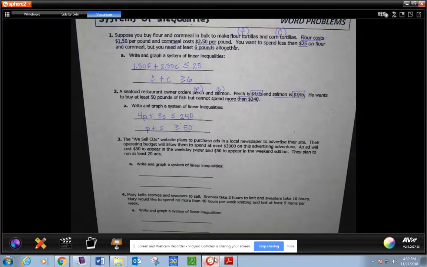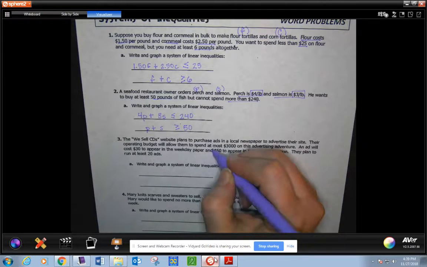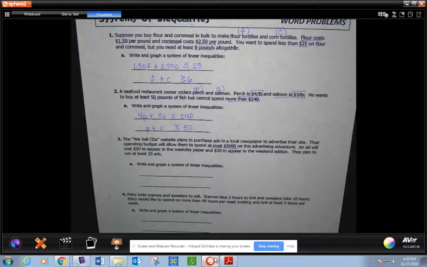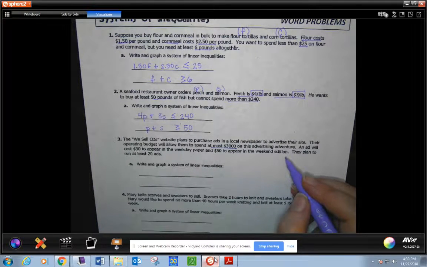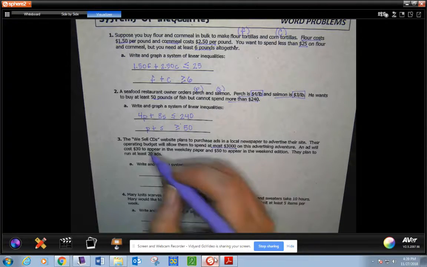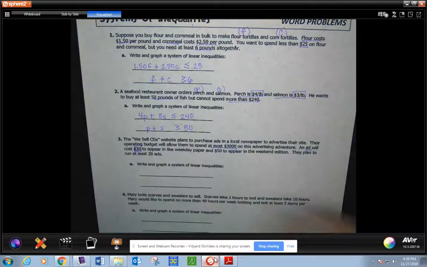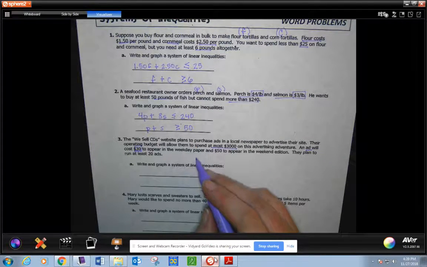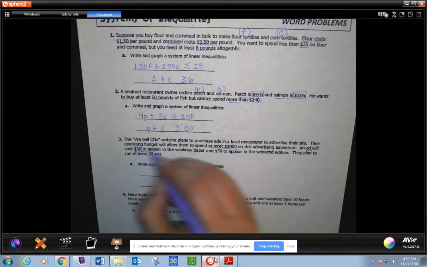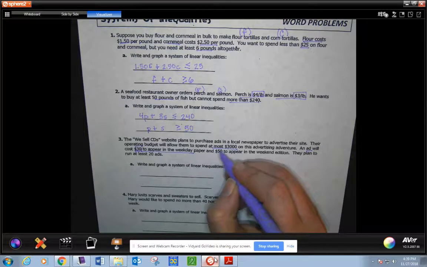For number 3, We Sell CDs website plans to purchase ads in a local newspaper to advertise their site. Their operating budget will allow them to spend at most $3,000 on this advertising adventure. An ad will cost $30 to appear in a weekday paper, so $30 for weekday, and it's $50 to appear in the weekend.